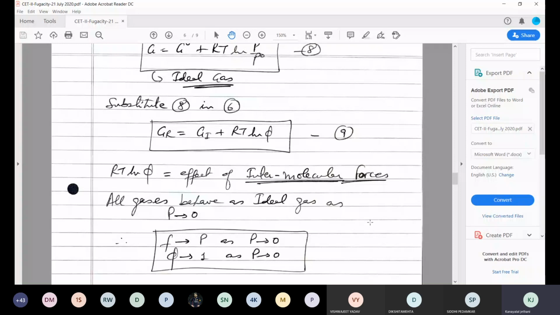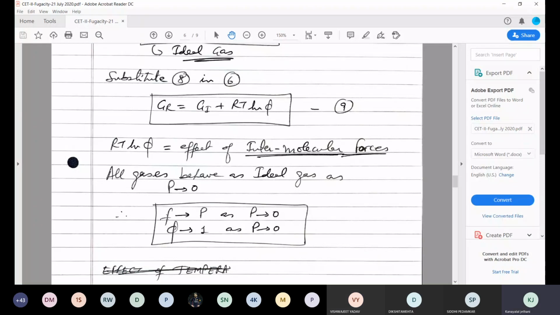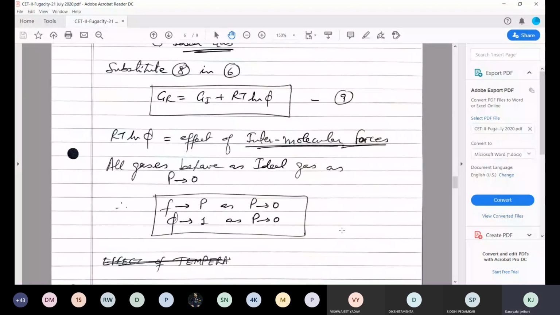समझा क्या equation 9? Oh yes sir, yes sir. Okay, and we have defined by standard state F tends to P as P becomes zero or low pressure. So if you define this, then automatically phi is equal to F by P. So if F tends to P, phi will tend to 1 as pressure reduces to 0 or low pressure. ठीक है? Any doubts so far?